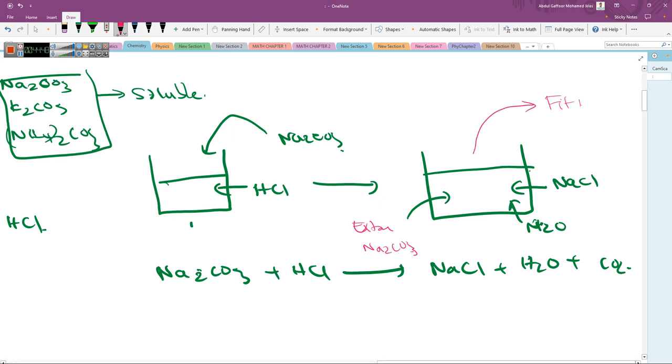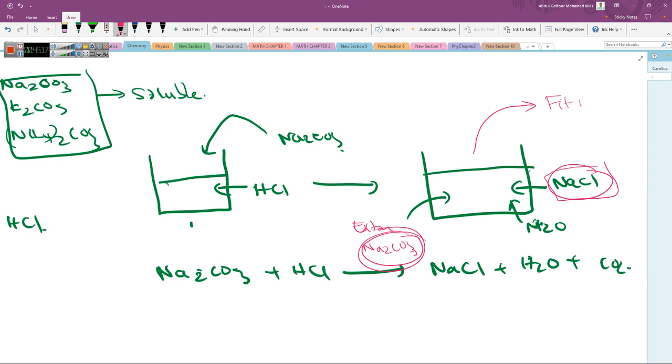Now if you use filtration, with the sodium chloride solution we will get Na2CO3 also, because it has dissolved. So when it goes to the filtrate, we will get NaCl and Na2CO3. When we evaporate and perform crystallization, in the final output we will have both NaCl and Na2CO3.